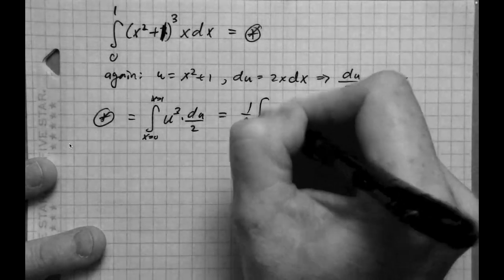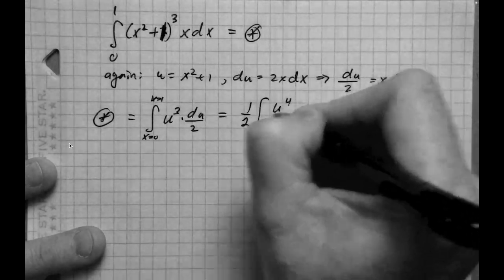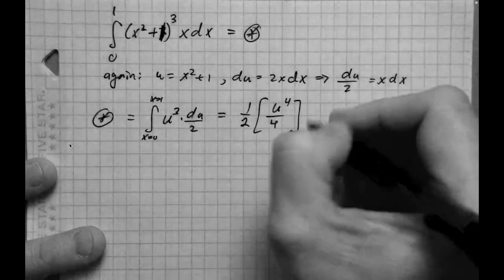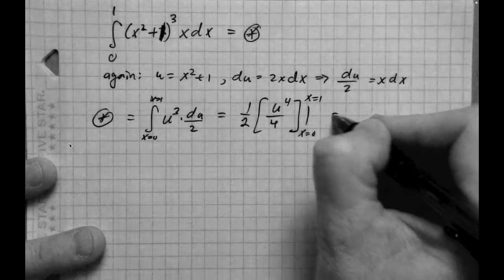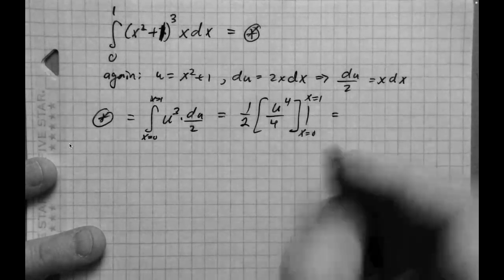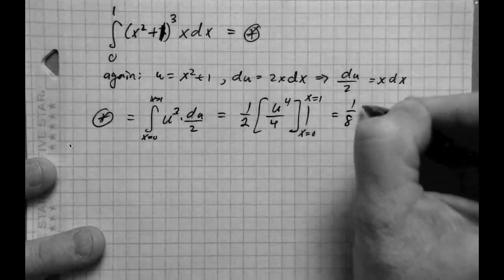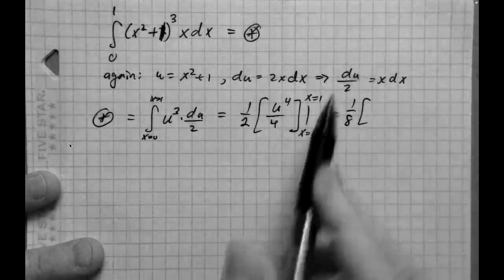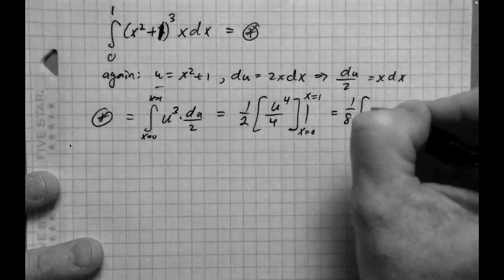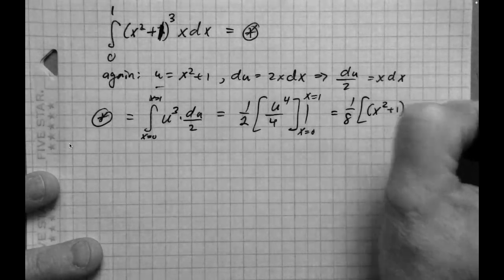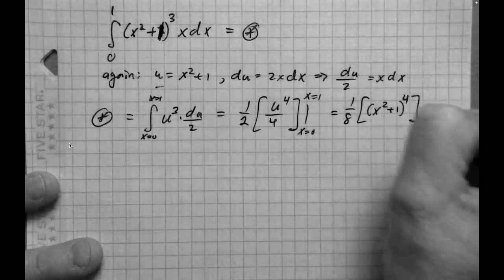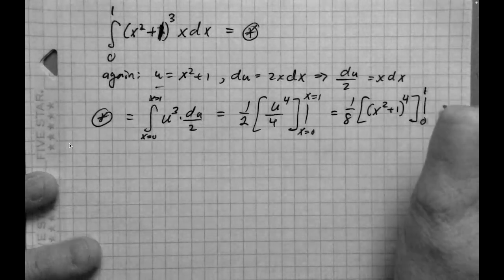And then again, you would get the same thing, u to the 4th over 4, from x equals 0 up to x equals 1. Before we can plug these in, we have to substitute back into the x variable: x squared plus 1 to the 4th power, from 0 up to 1.